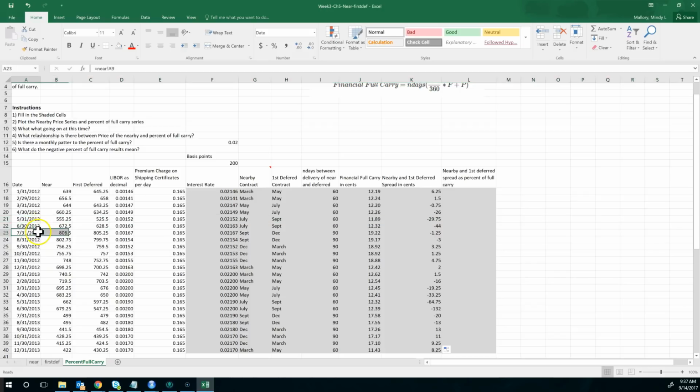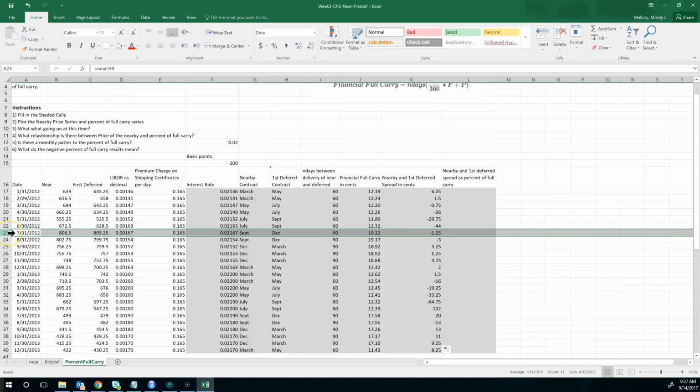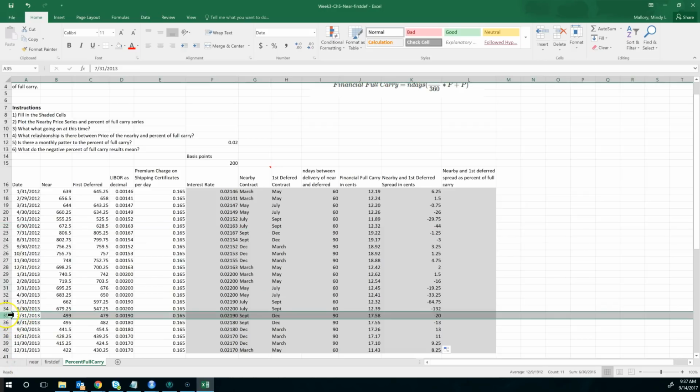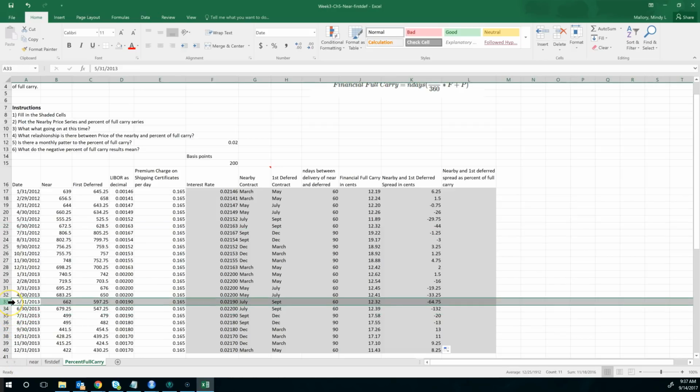And you'll see that as we got into the summer months, the market was very much inverted, as much as 40 cents here. And then the next summer in 2013, the market was inverted strongly as well. So that's going to really give us some interesting things to interpret when we calculate this spread as a percent of full carry.